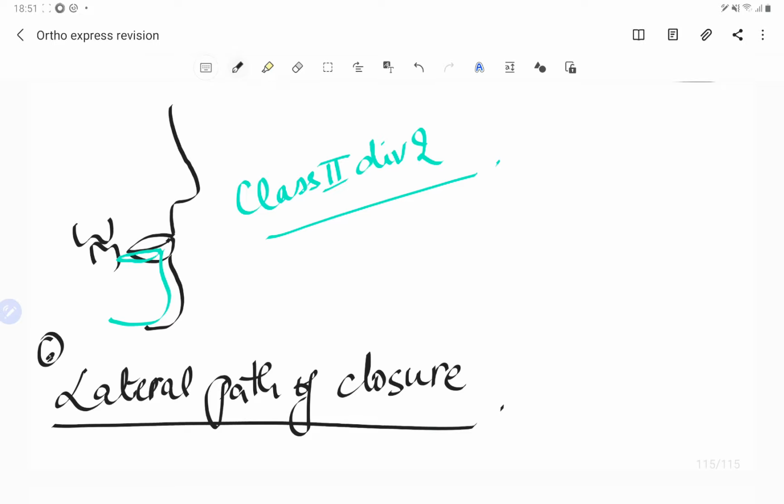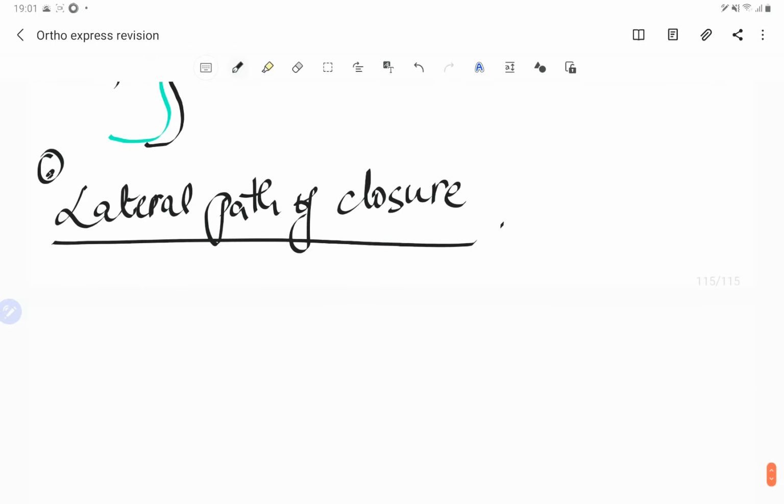While the patient is taking the mandible from rest to the habitual occlusion, there is a lateral deviation of the mandible either to the left side or to the right side, because there are occlusal prematurities present, or there is a narrow maxillary arch. Because of that, the person deviates the mandible into the habitual occlusal position. It can be the left or it can be the right.